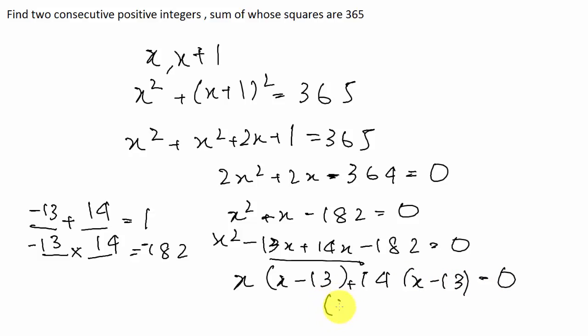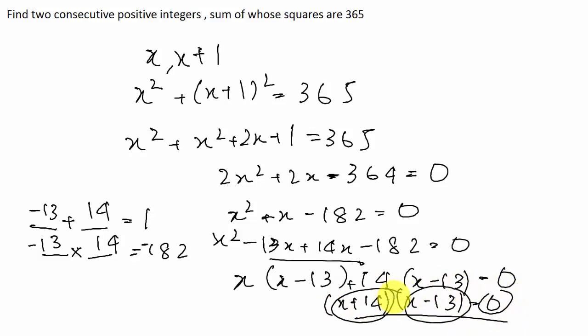So it's x plus 14 and x minus 13 equal to 0. Now the roots will be, in this equation we see that it's equal to 0. That means either this is 0 or this is 0.